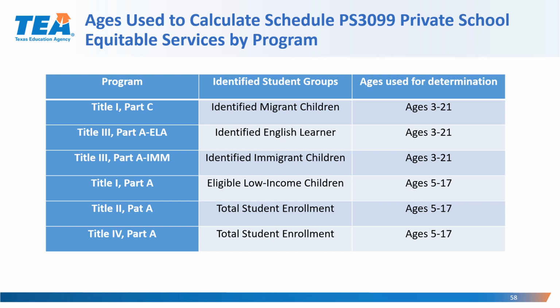For the Title I Part A, Title II Part A, and Title IV Part A, the LEA will use ages 5 through 17 for the students in the public school as well as those in the private school.